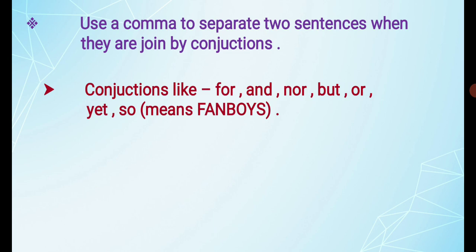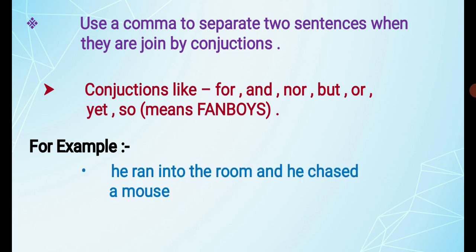Like for, and, nor, but, or, yet, and so. You have to just remember the name FANBOYS. If you remember these FANBOYS, then you remember the conjunctions very easily with this hinting word.